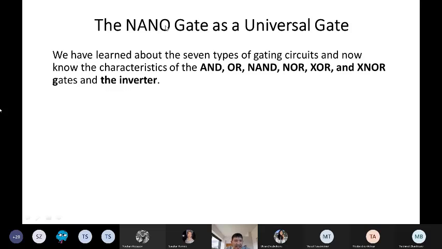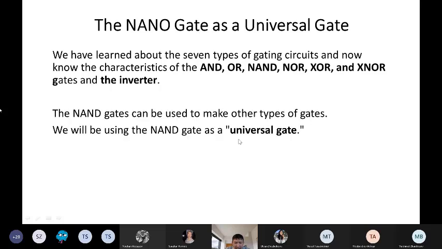Let's consider NAND gates, and then we'll finish the first part, our first lecture, and after the break we'll continue. Sorry for this typo. Actually, it is not nano, it's NAND. The NAND gate as a universal gate. I've already mentioned at the beginning of this lecture that we can use the NAND gate to come up with AND, OR, NOR, XOR, or XNOR gates. We can even create an inverter from the NAND gate.